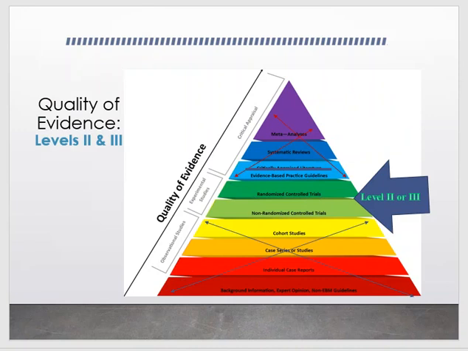And levels 2 and 3, as evidenced by that blue arrow and the green writing, are experimental studies. These are sometimes referred to as unfiltered resources because they're primary or original research studies. So nobody's done a search of the literature to exclude certain things, right? These are the research studies.